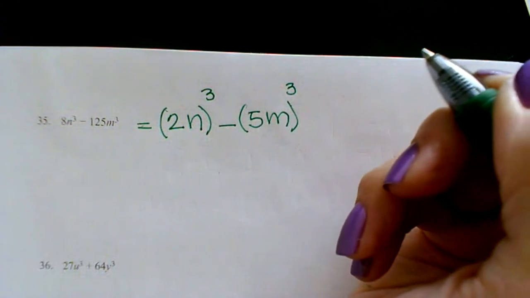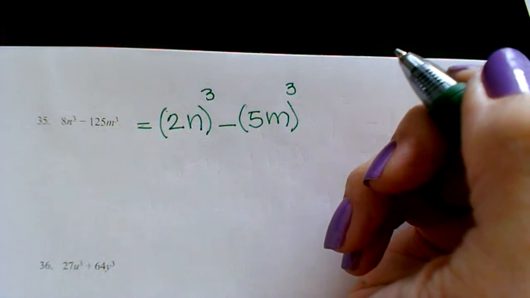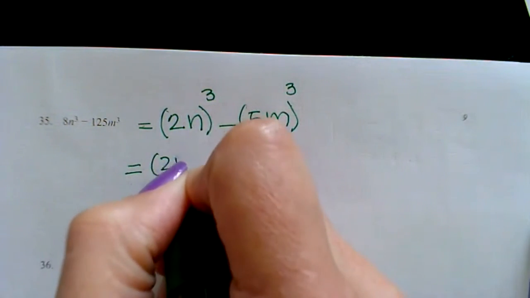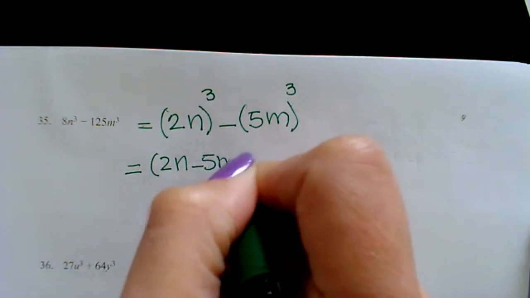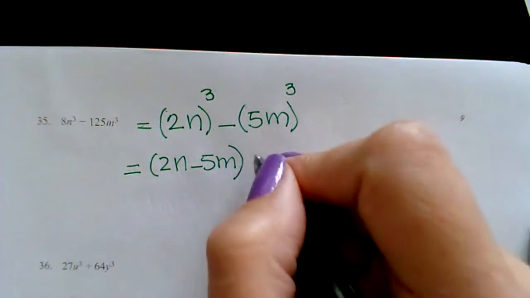So this is like a difference of cubes, okay? So again, the first one is going to be what? 2n minus 5m. Don't forget to go back and look at the factoring guide that I gave you, okay?